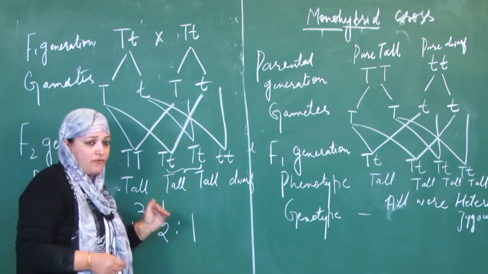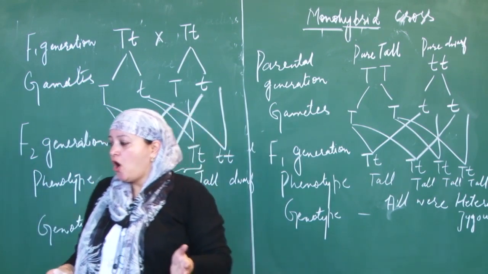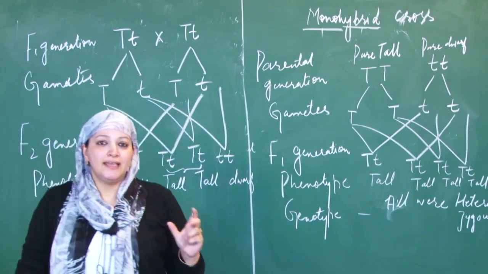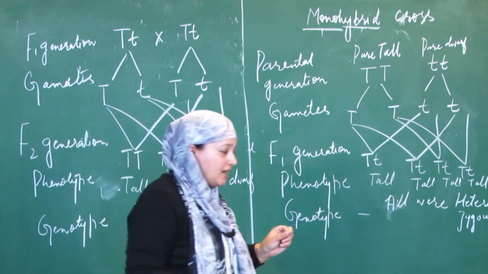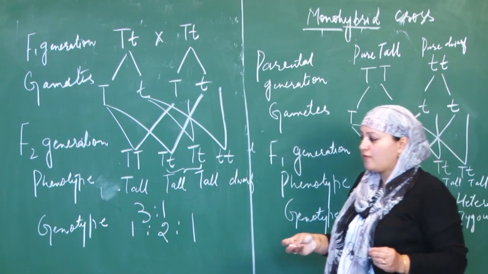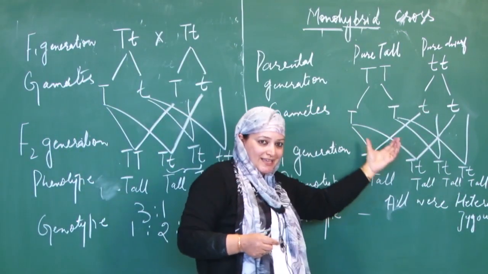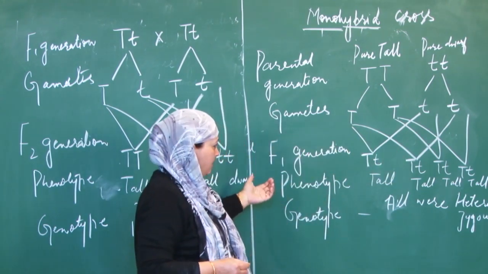The second law of inheritance was law of segregation or purity of gametes. What was the second law of inheritance? Law of segregation or purity of gametes. What is law of segregation or purity of gametes?